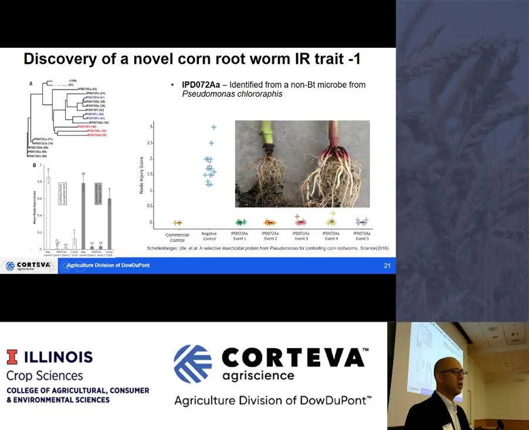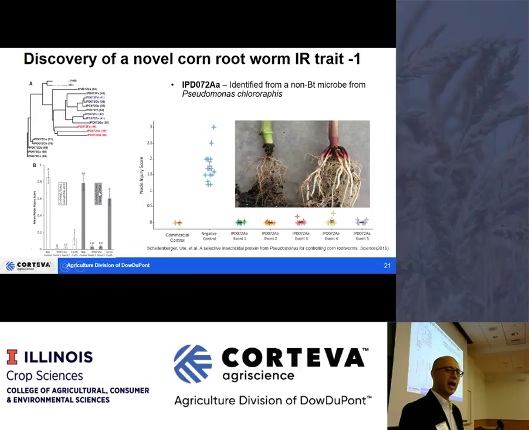And so we go and test the new genes against those resistant corn rootworms. Here is the negative control, the susceptible corn rootworm. You see it being tested against 2 of our events and 1 of the commercial gene technologies that you saw listed in that timeline that I showed you.